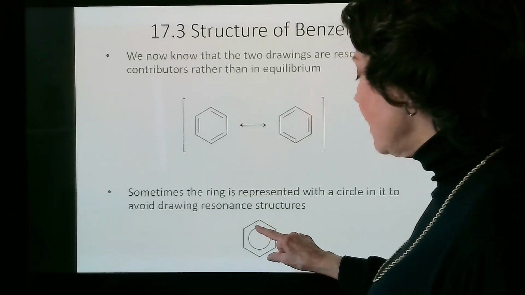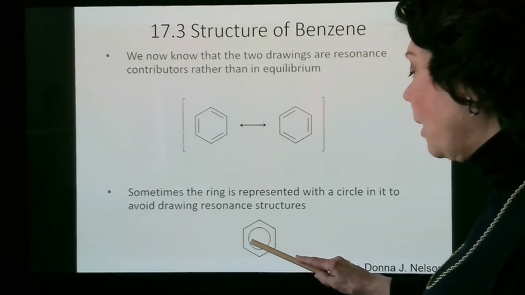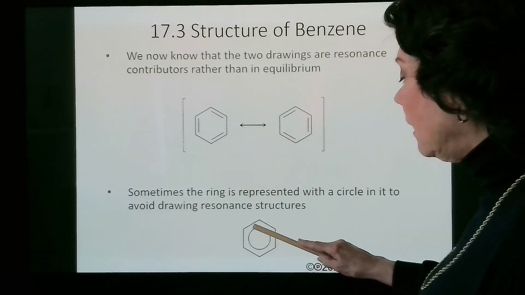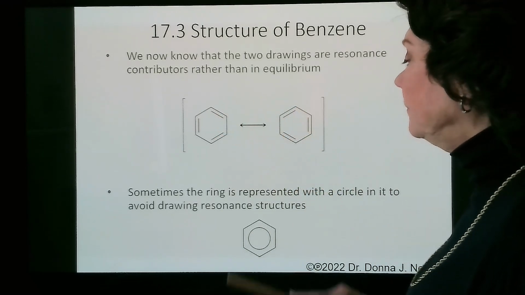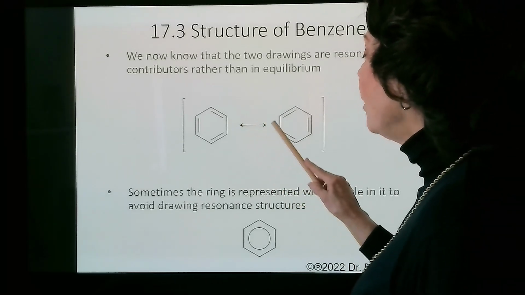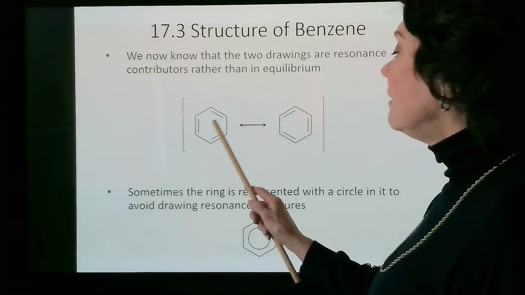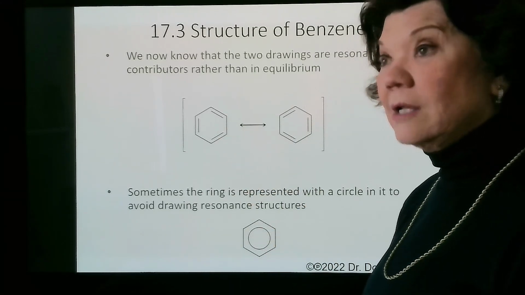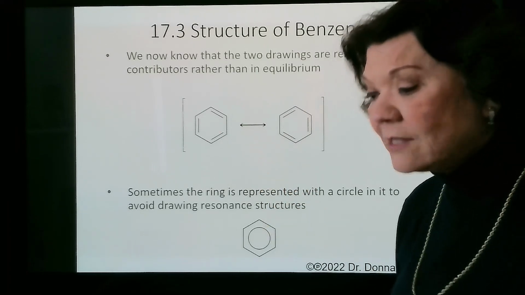So sometimes the pi system is drawn just indicated by a ring because there's a continuous flow of electron density all the way around the ring. And this arrow indicates resonance. This double-headed arrow indicates that these two molecules are in resonance with each other. They have resonance. Benzene has resonance.